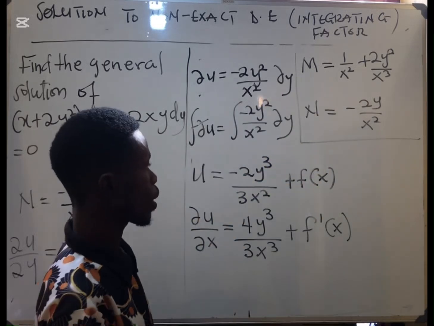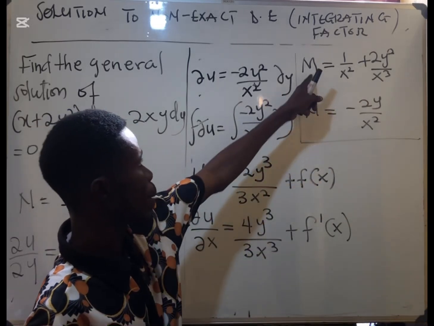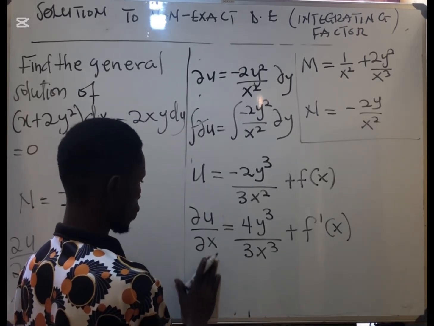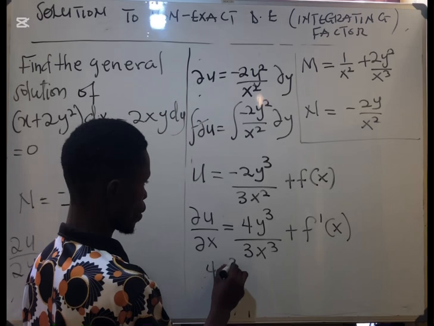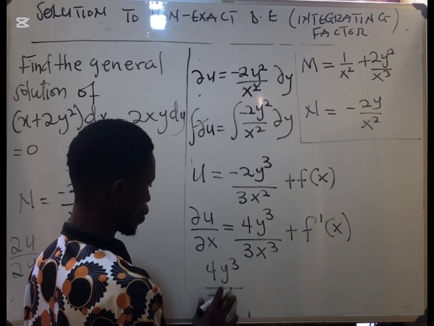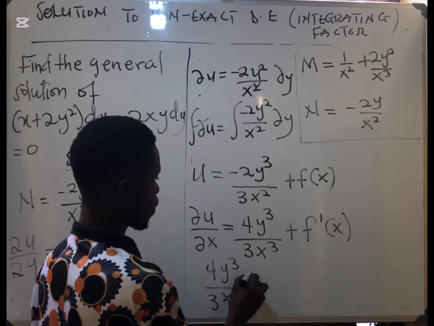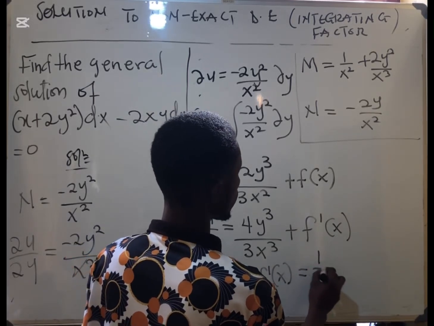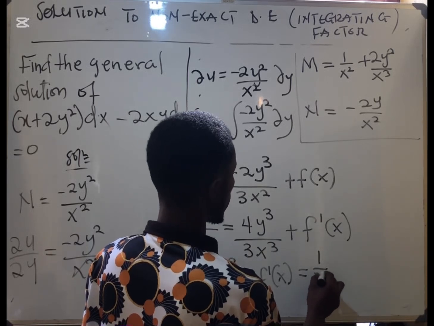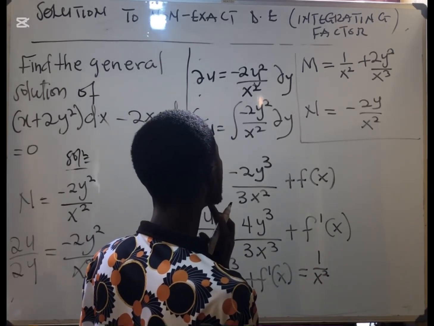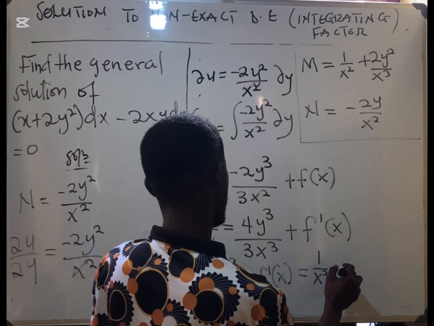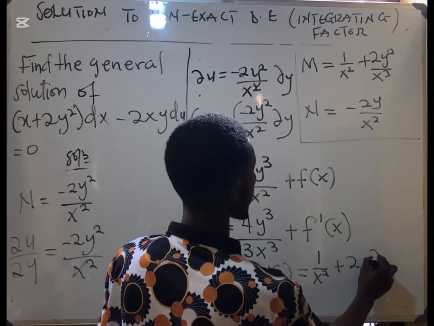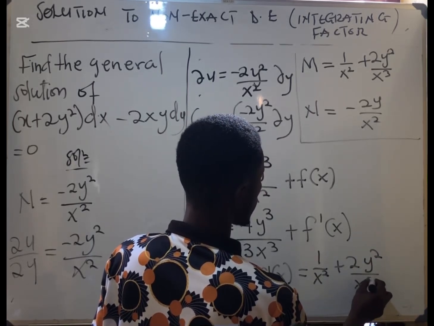So among these two, the one that we did not use is M. Okay, so I'm going to equate 4y cubed over 3x cubed plus f prime of x equals 1 over x squared plus 2y squared over x cubed.